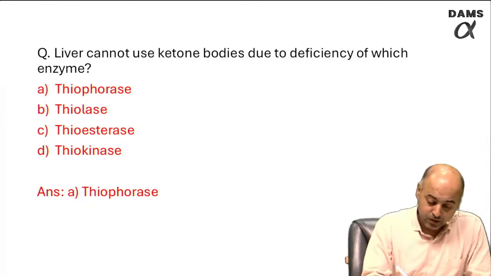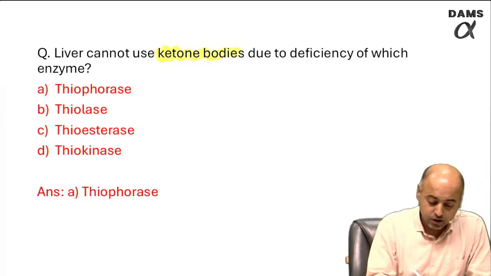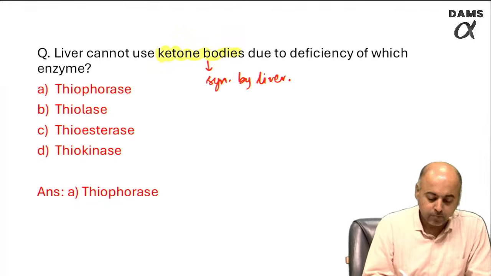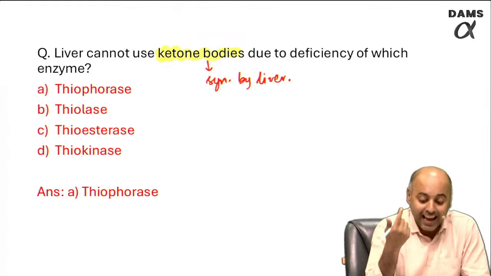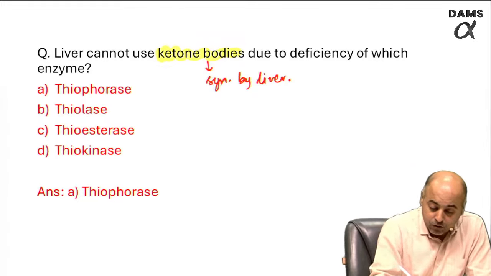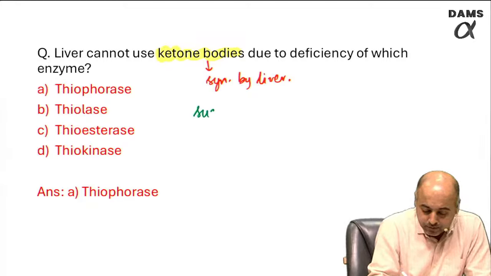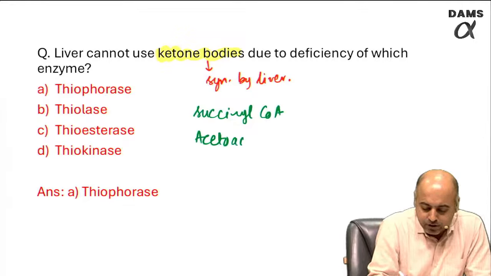Then coming back to the ketone bodies, the ketone bodies are synthesized by liver, but liver is not able to metabolize them because it lacks the enzyme required for activation, succinyl coenzyme A acetoacetate coenzyme transferase.